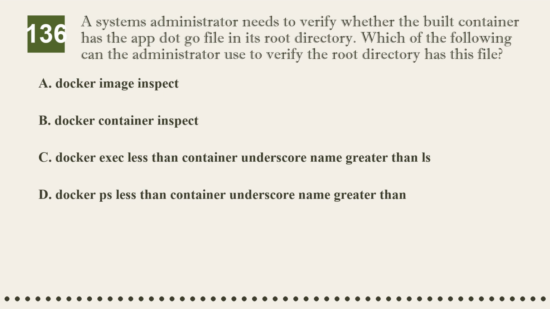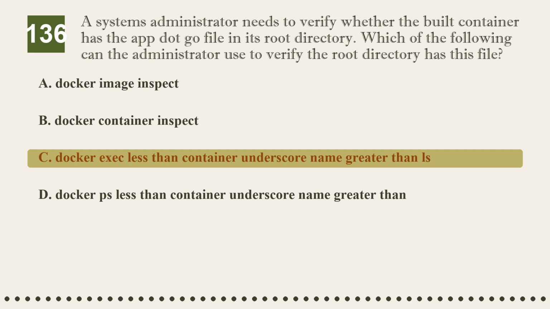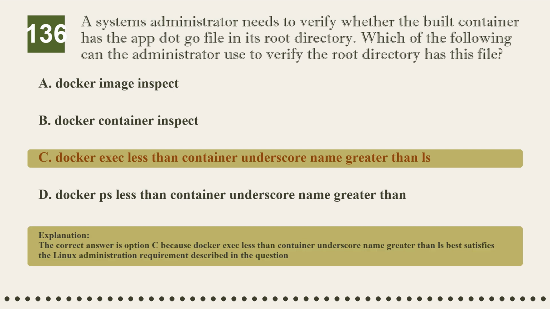Option D, docker ps <container_name>. The correct answer is option C, docker exec <container_name> ls. The correct answer is option C because docker exec <container_name> ls best satisfies the Linux administration requirement described in the question.